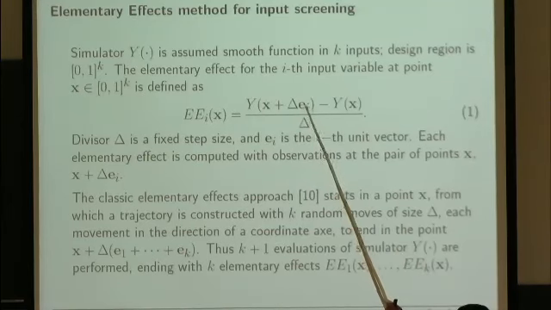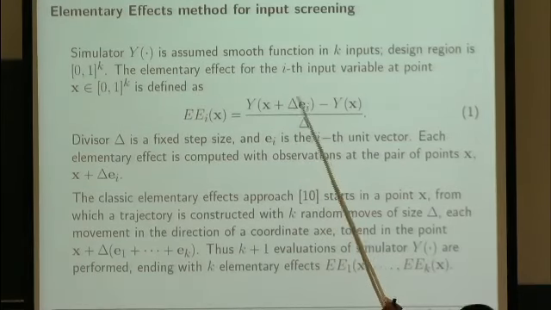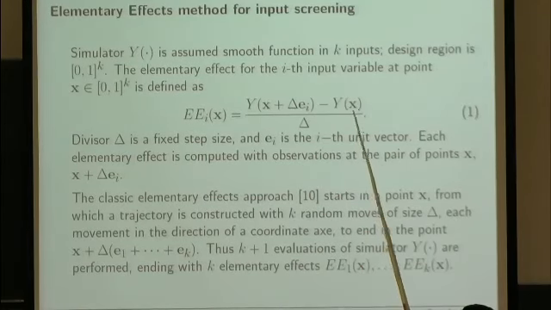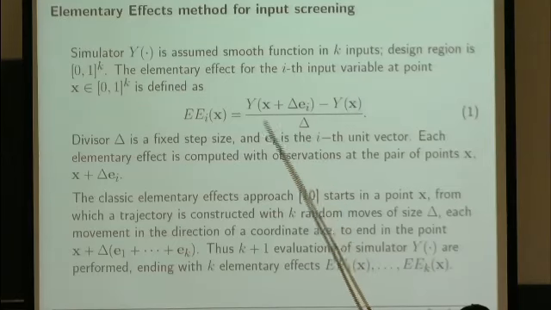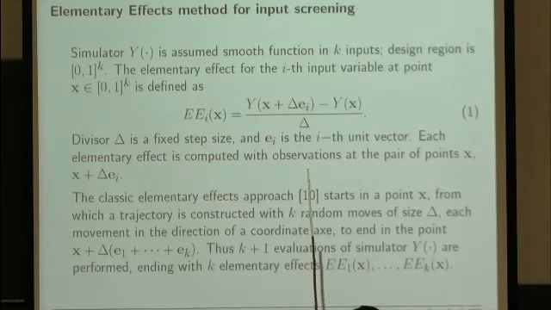On the direction of the ith input variable, we move to a new design point, x plus delta e_i, and then evaluate the simulator at that point. Then we take the difference with the simulator at the original point and divide by the increment, delta. This looks pretty much like the definition of a derivative, doesn't it? But in fact, it's equivalent to fitting locally a multilinear model, and this would be precisely the slope.